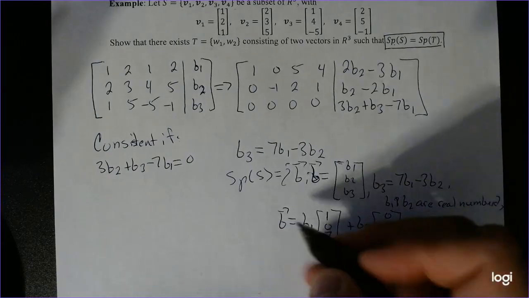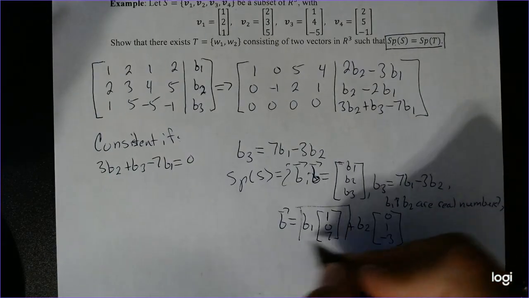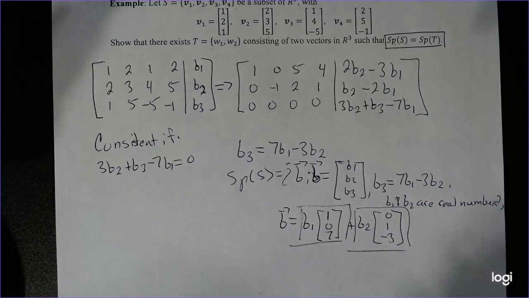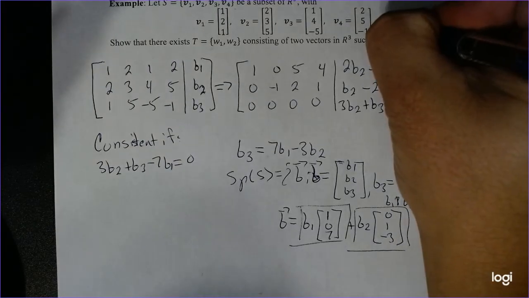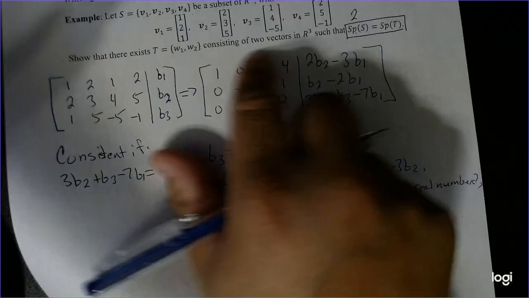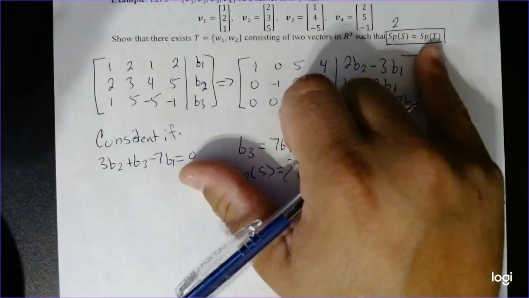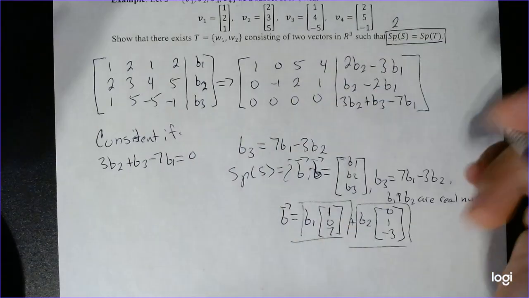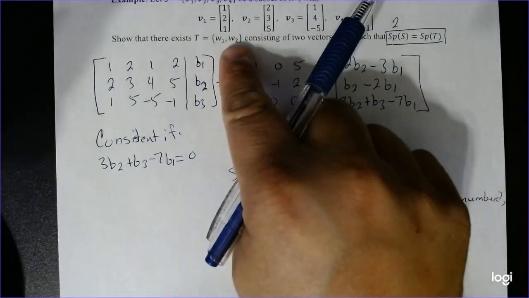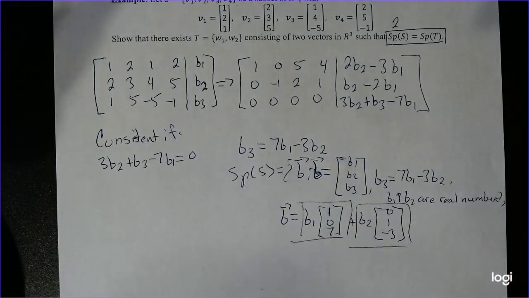Our span is two vectors. Good. Now, so this is two vectors, and we have the vectors here. So now we have to show that this w1 and w2 is the span, or we have to show that we only get two vectors with this vector, and then they're exactly basically the same situation.